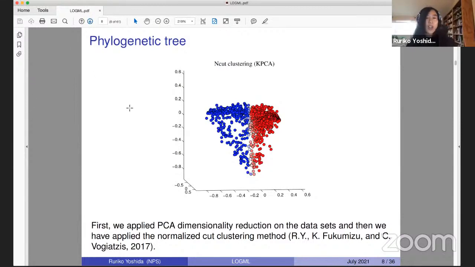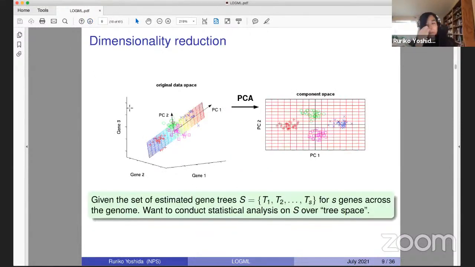Okay. So I'm going to go back to a little bit of basics. I'm pretty sure you know this, but I'm going to review the classical principal component analysis. Principal component analysis is a great tool for reducing the dimensionality, so that we can actually see how the data points are distributed over the space.